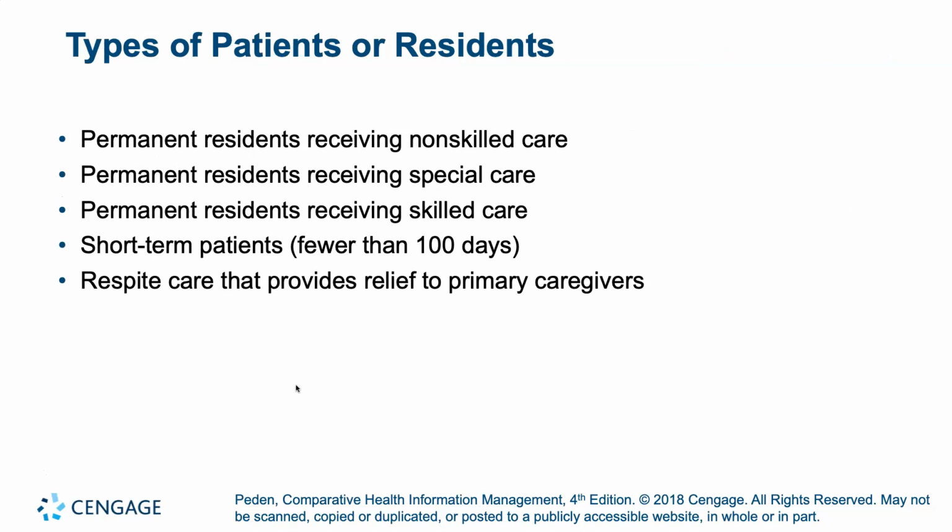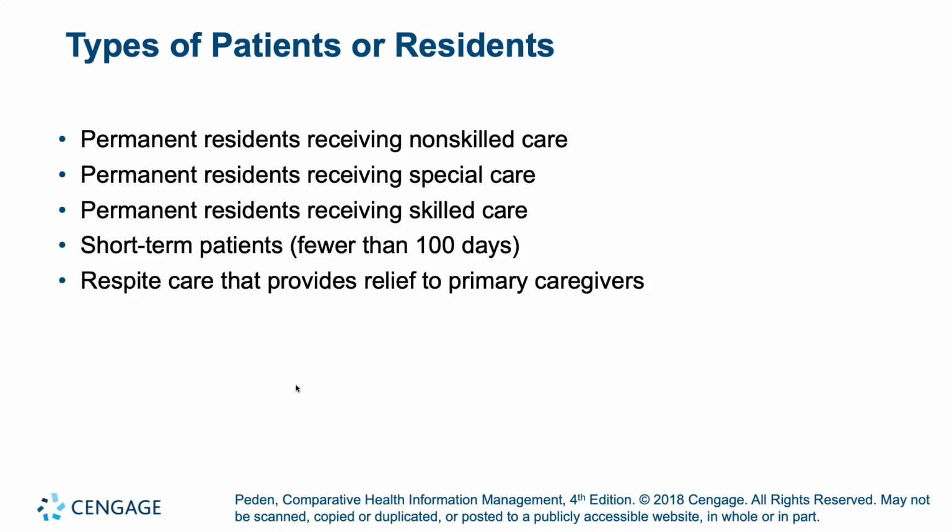So let's talk about the types of patients or residents that are in long-term care. You have permanent residents that receive non-skilled care. You have permanent residents who receive special care, and you have permanent residents who receive that skilled care. You have short-term patients that are there for just a few weeks, up to 100 days. Then you have respite care that is short-term again, and it's just there for relief to primary caregivers.